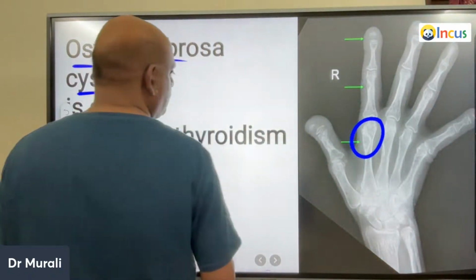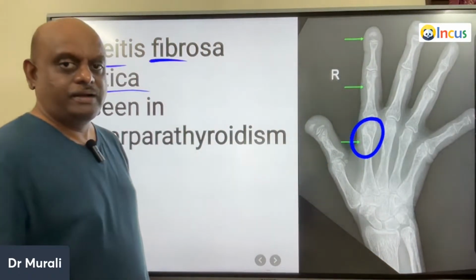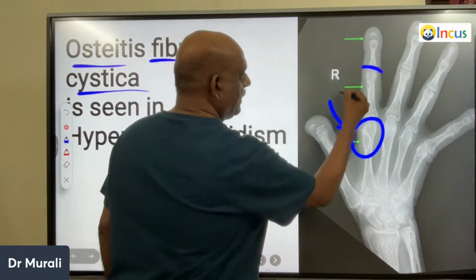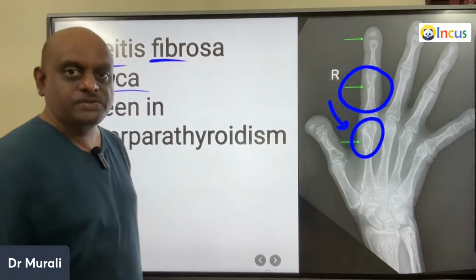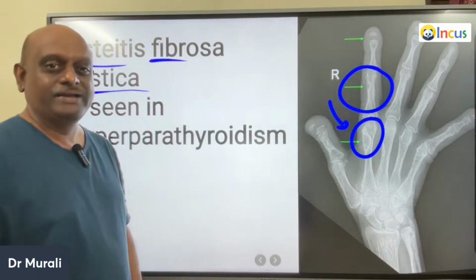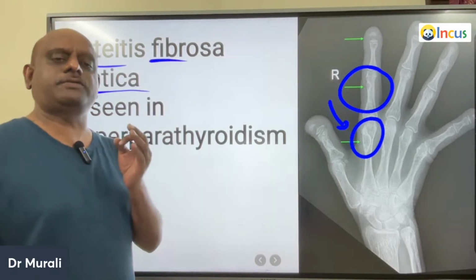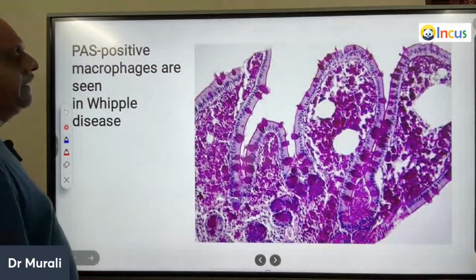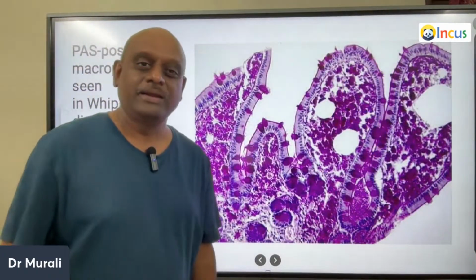You see this appearance, typically you can see the cystic lesions, right, doctor? Cystic lesion is there. Here also there is a cystic lesion classically, which is called osteitis fibrosa cystica, which is seen in the case of hyperparathyroidism.